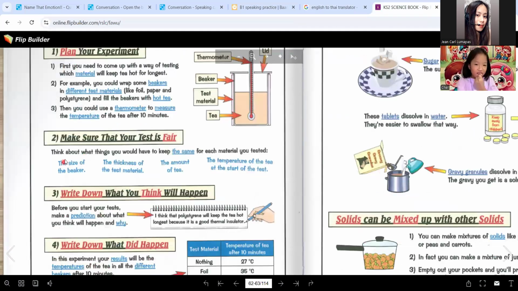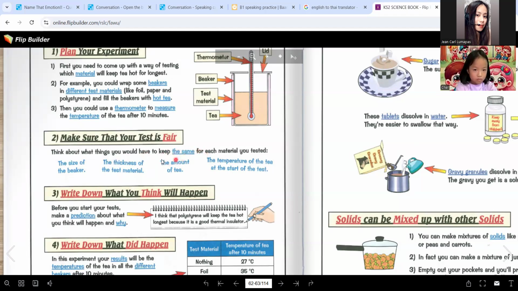All right, let's go. Think about what things you would have to keep the same for each material. So, think about what things you have to keep the same.